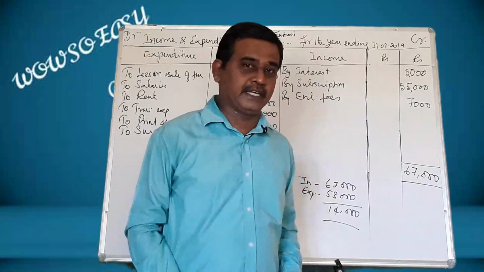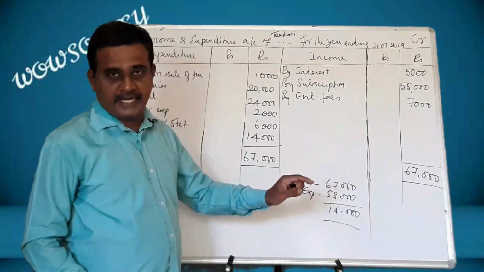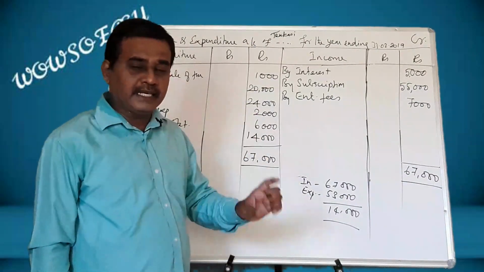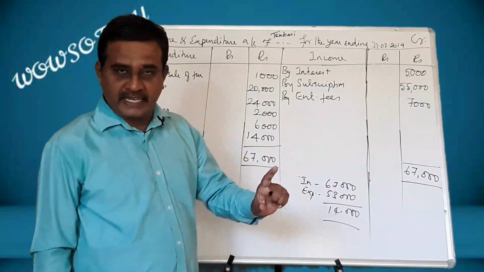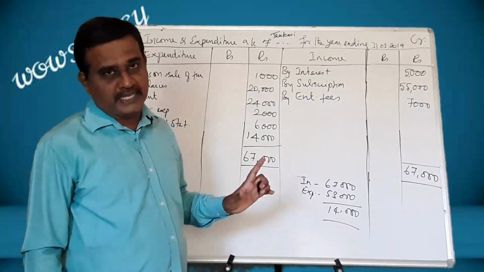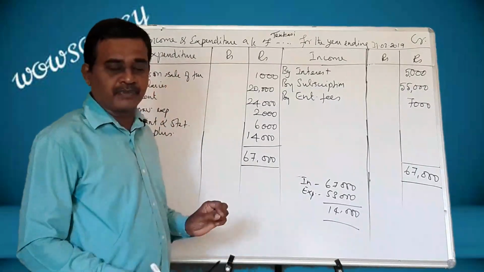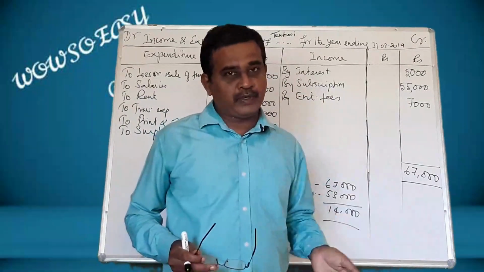Again, let me repeat it. When you are asked to prepare the income and expenditure account, you will be given the receipts and payments account. In that receipts and payments account, opening balance and closing balance will be given. You need not worry about that. Leave it and see every item and whether the item is capital nature or revenue nature.